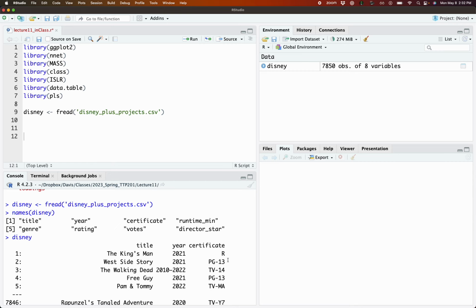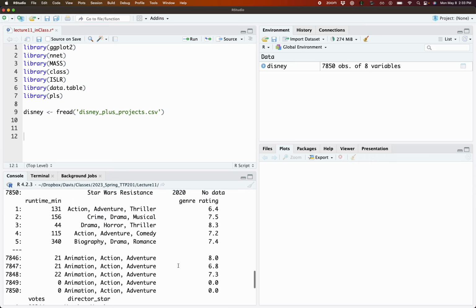Runtime is the length in minutes. Genre, so we've got a bunch of different genres, and you can actually see that for the genres, it can have multiple categories.